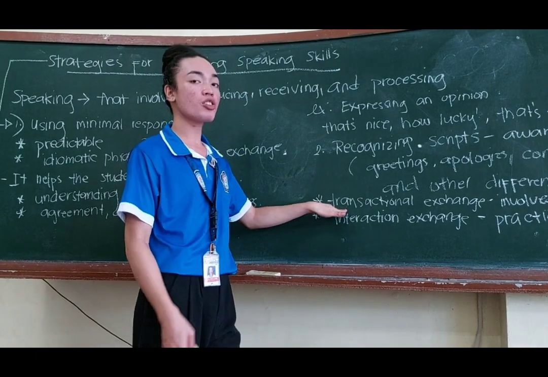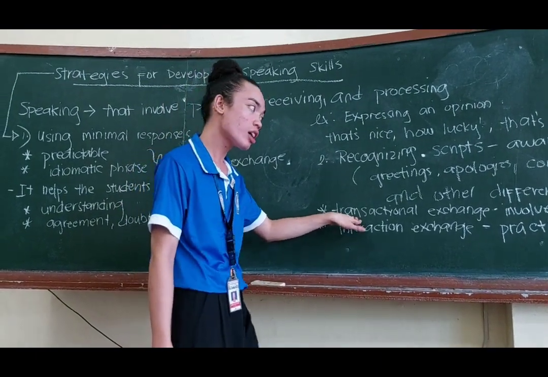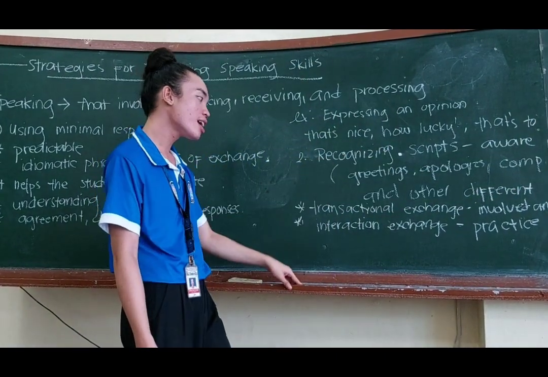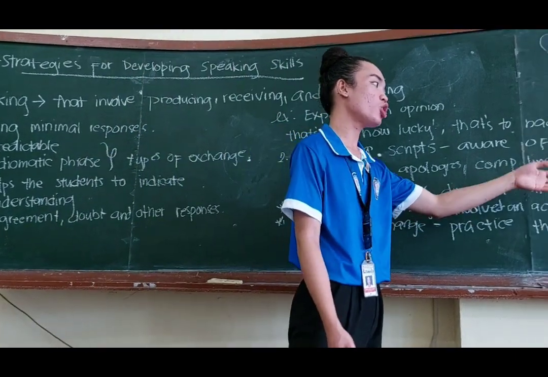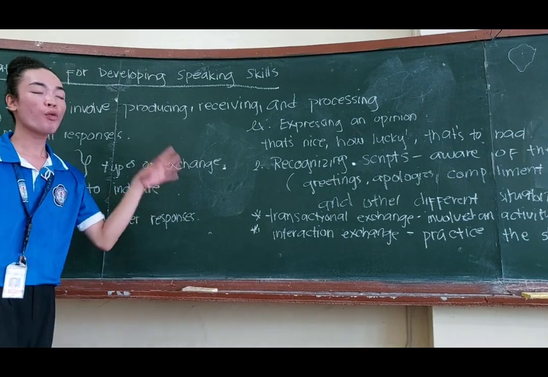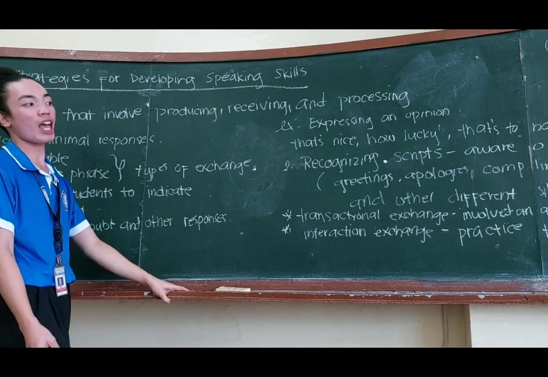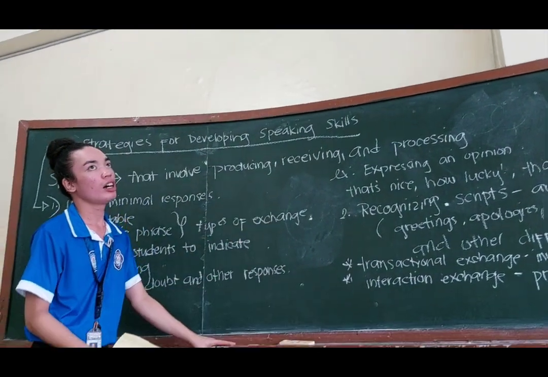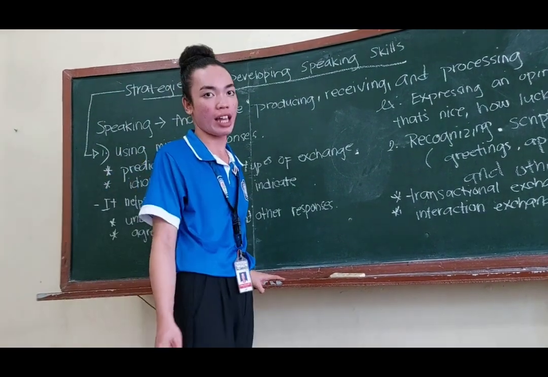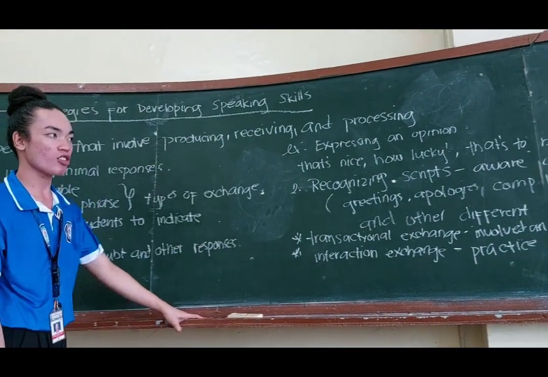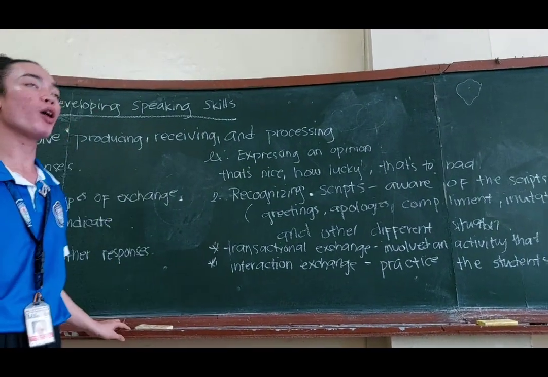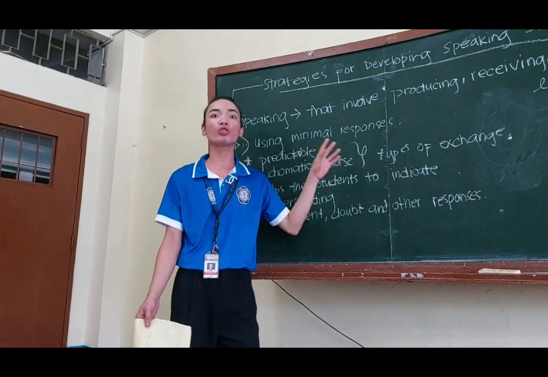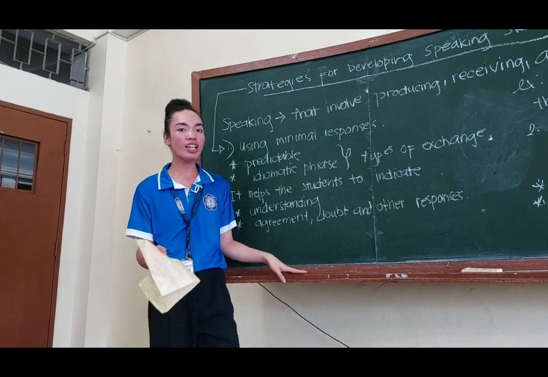Transactional exchange involves an activity that obtains information and makes purchases. Interaction practices students managing the language, where both students interact with each other, exchanging information. So the last one is using language to talk about language, like clarifying something that you don't understand directly.